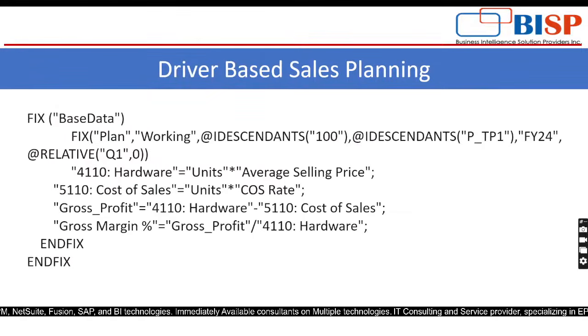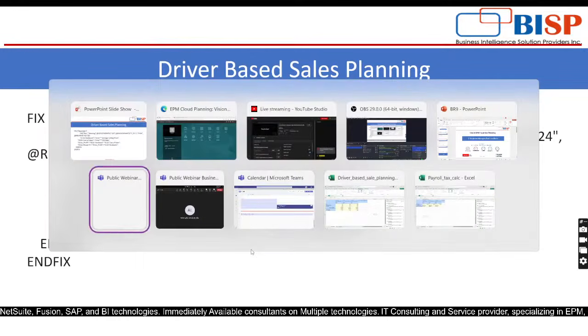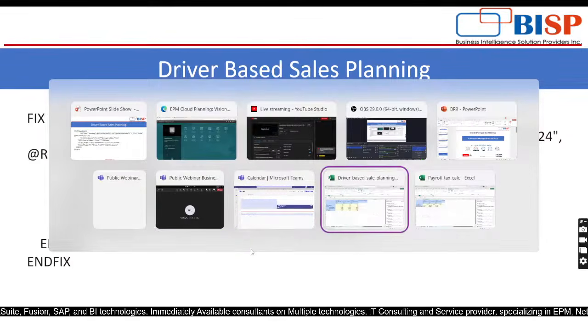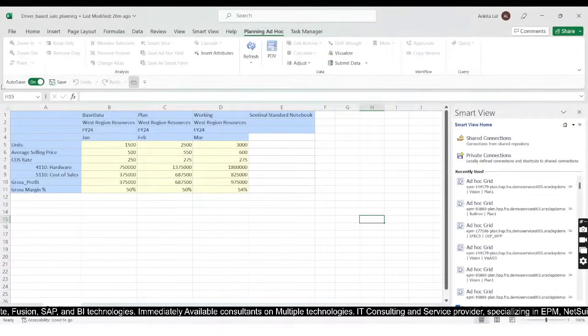So to understand this business rule, let us first understand the requirement, what exactly we are going to do in it. So here in the given case, we can see that we have units with us, the average selling price of a product named a Sentinel is standard notebook.